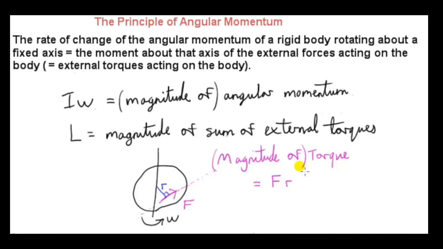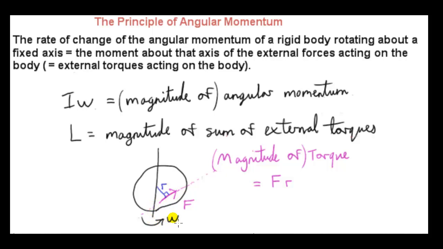Now, we could imagine many torques acting on this body, not just this one that I'm showing you. We could have a torque that causes the body to speed up in its rotation, or to start rotating if it wasn't rotating to begin with. Well, it might be this force here into the screen.